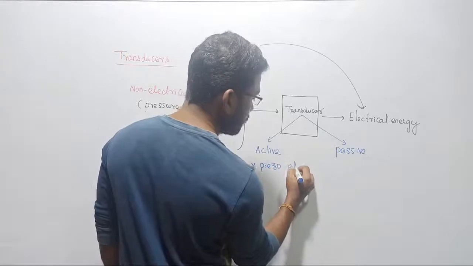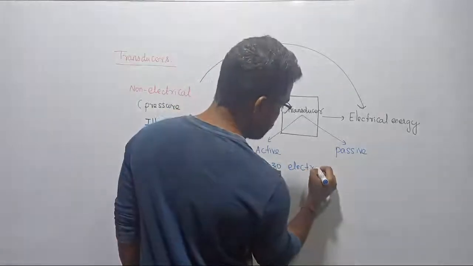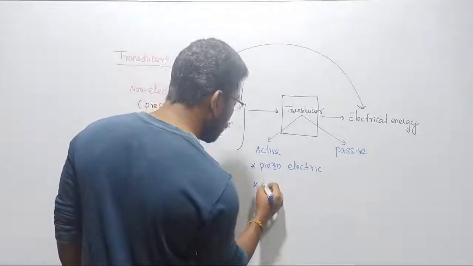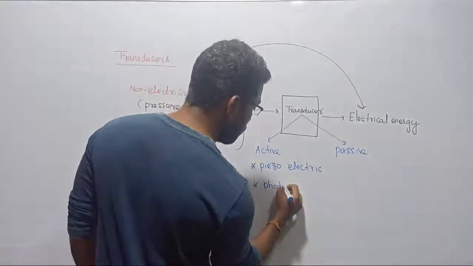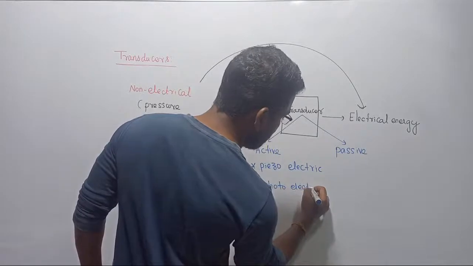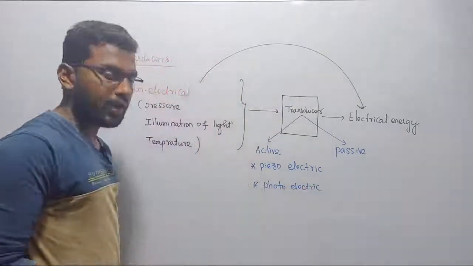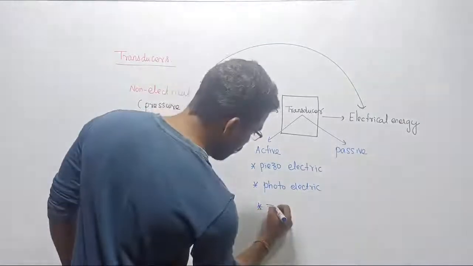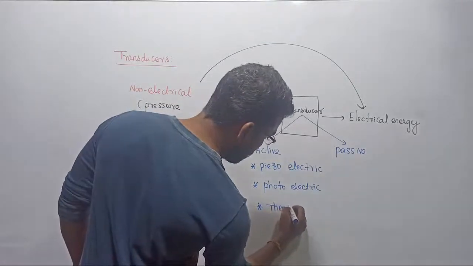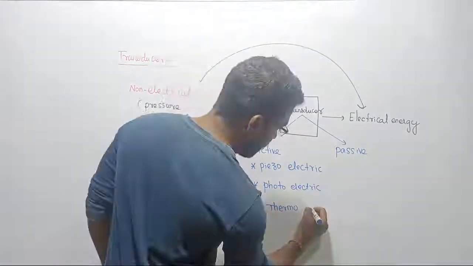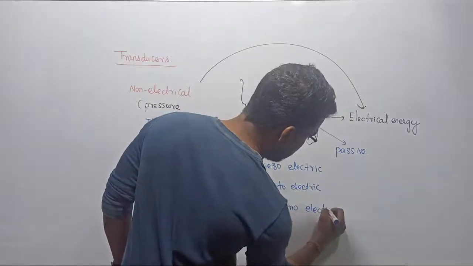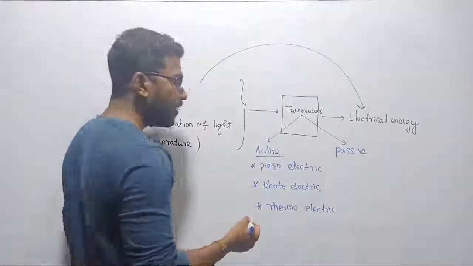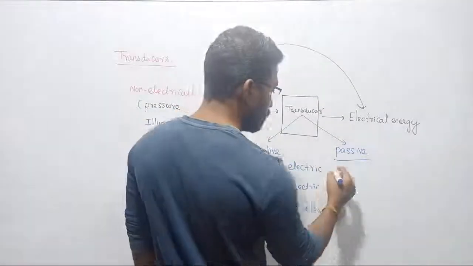One is called piezoelectric transducer, right? And the second one is called photoelectric transducer, and there is one more type, that is called thermoelectric transducer, right? So these three lie under the active classification.